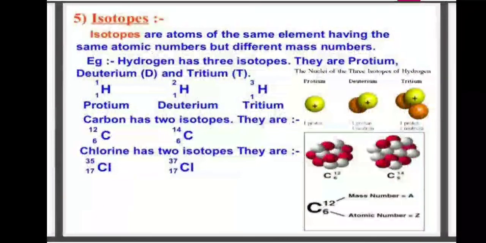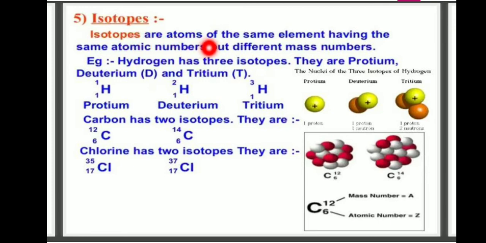It's a very important question, 3 mark questions. Define isotopes, define isotones, define isobars, or the difference between isotopes and isobars, or comparison of isotopes and isobars. It's a very important 3 mark question. What are isotopes?